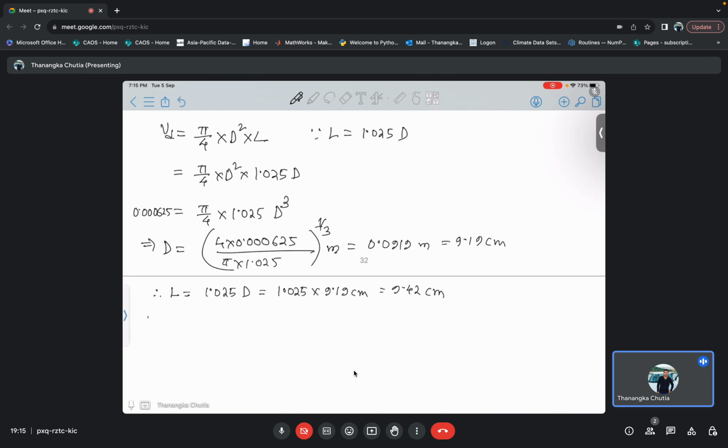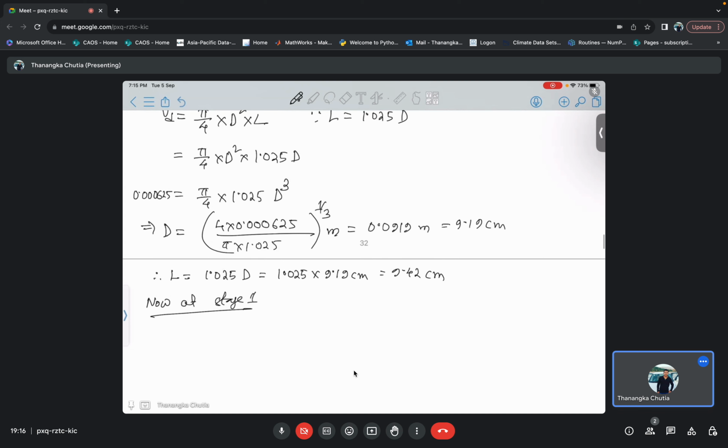Now at stage 1, T1 is equal to 60 degrees Celsius, and this is equal to 333 Kelvin. And P1 is equal to 100 kilopascal.